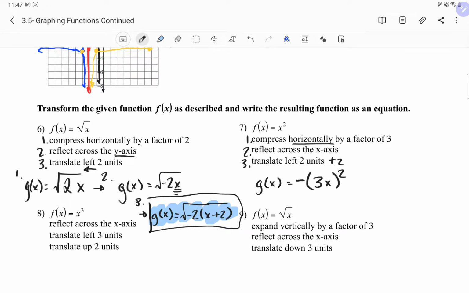So again, this only affects the inside of the parentheses. So I'm actually going to write this last step here. So g of x is equal to negative (3, and this part again because it's left, it's only affecting the x value, so it's going to be x plus 2) and then close parentheses, squared.